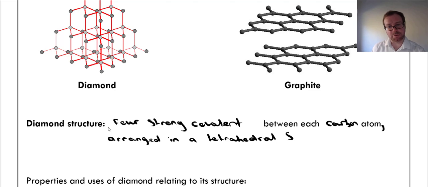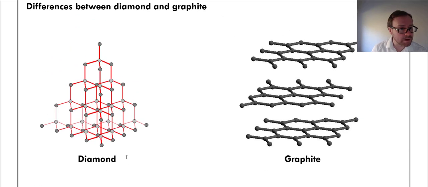If you don't know what tetrahedral means, I suggest you watch the video on shapes of molecules, but it basically means that if we go up here, this is my carbon atom with 4 strong covalent bonds. These lines represent the covalent bonds, and they have this tetrahedral arrangement.